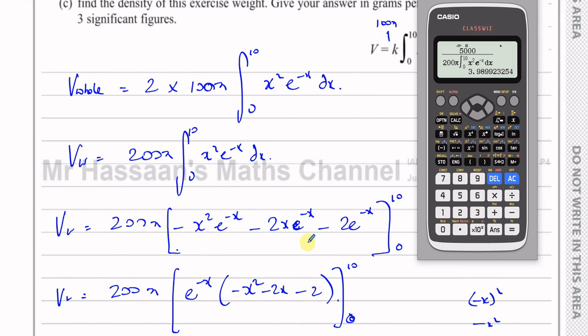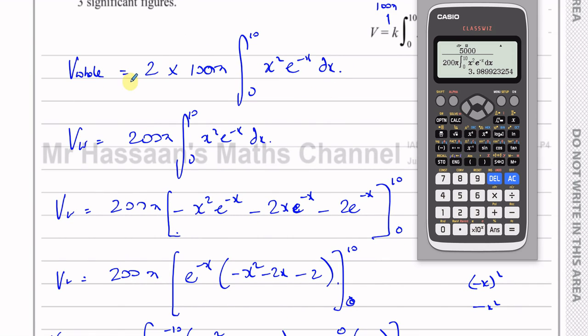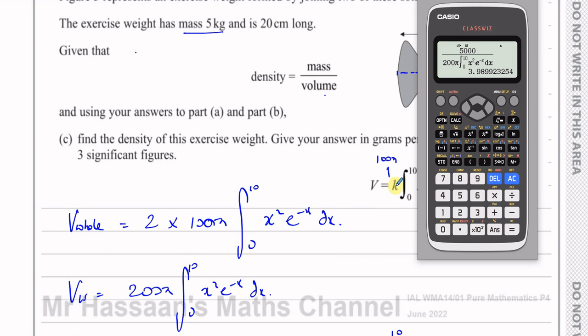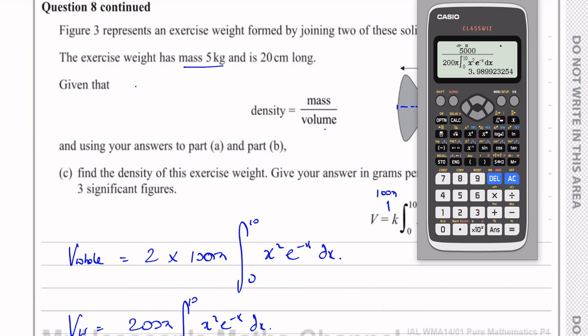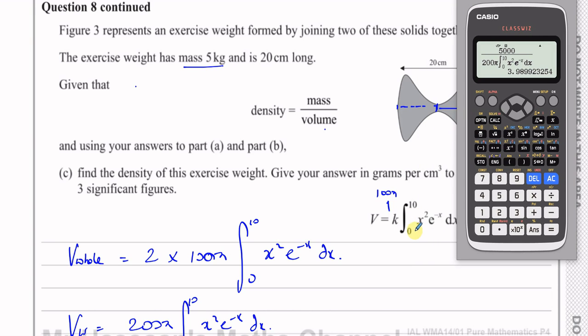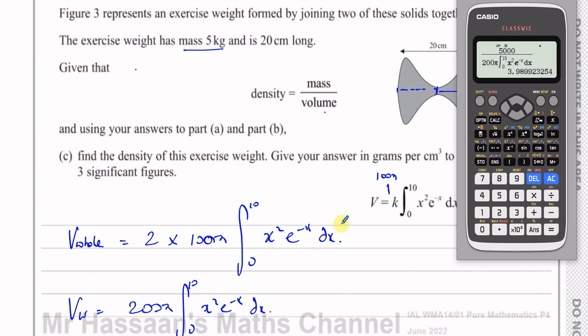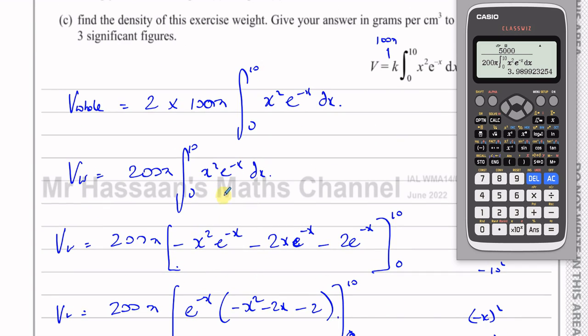You might get some marks just by knowing and understanding that density equals mass over volume, and using the expression for the volume of one of those items. It's worth 5 marks. You would have salvaged some of the marks by just substituting those values if you knew how to integrate part B, for example.